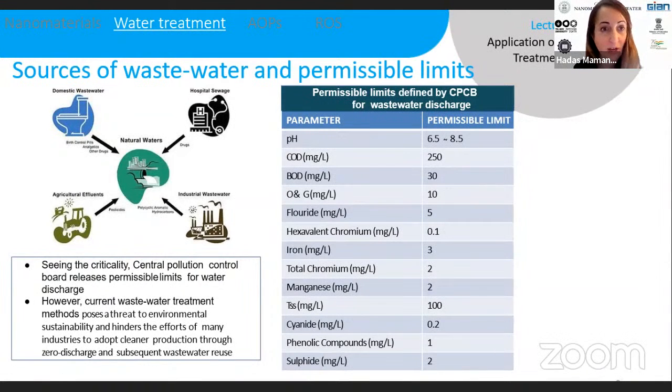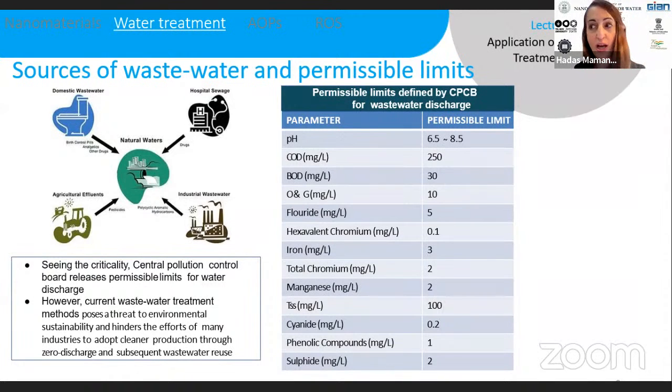Therefore, any treatment that we adopt or adapt for treating wastewater should meet the limits, and the limits change with geography, with state, and with the type of wastewater. As I said, in our case, industrial wastewater can be connected to domestic wastewater following pre-treatment, but of course it depends on the type of industry.